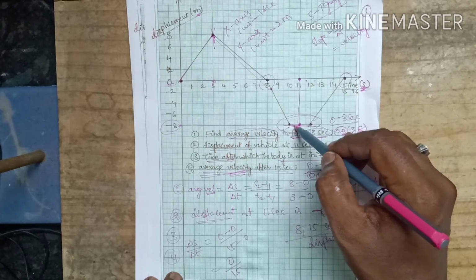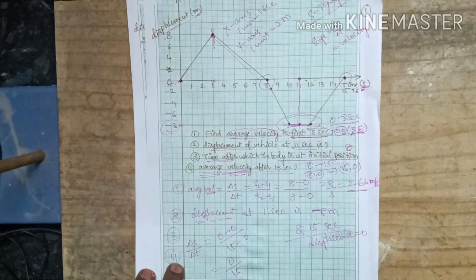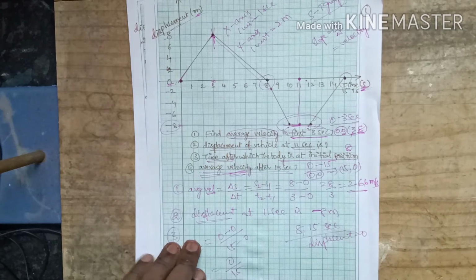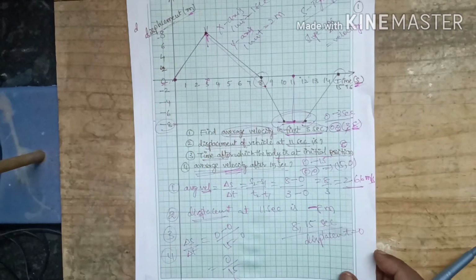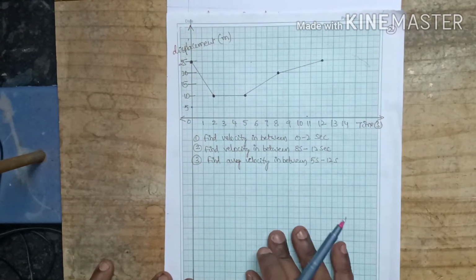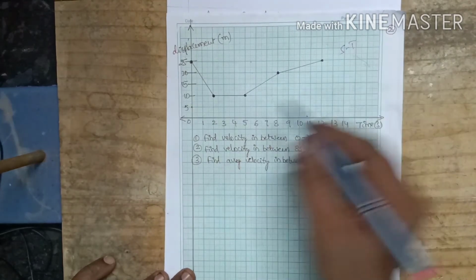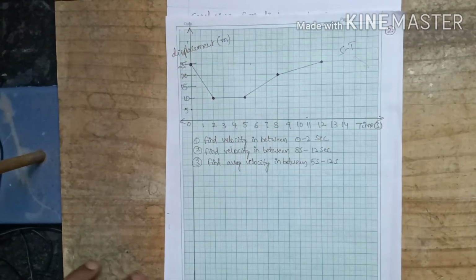The body is moving with negative velocity. The body is at rest. The body is again moving with positive velocity. Means by using the graph, we can say different kinds of information. See the next. We observe this graph. This is also an ST graph only.